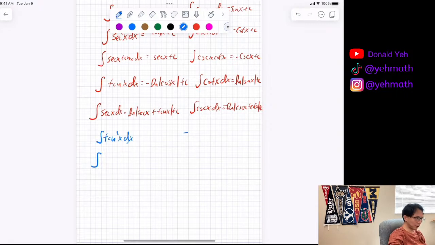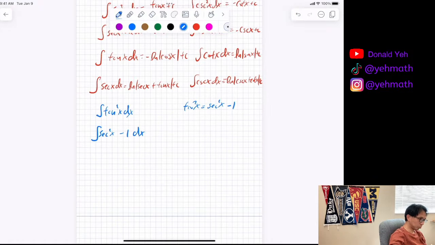Equal to secant squared of x minus 1, right? You can do it the other way too, where it's 1 minus cosine squared of x over cosine squared, but you get the same answer, right?